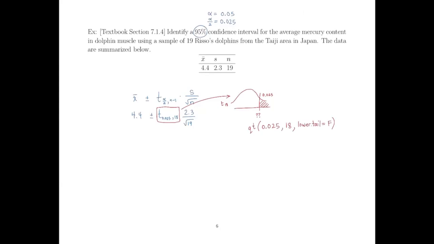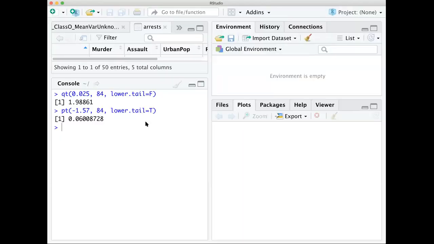So I'm going to take that and plug that into R. Here I am in R. We're going to do qt, 0.025, oops, 0.025, and then we've got 18 and lower.tail equal to false. And that tells me 2.100.